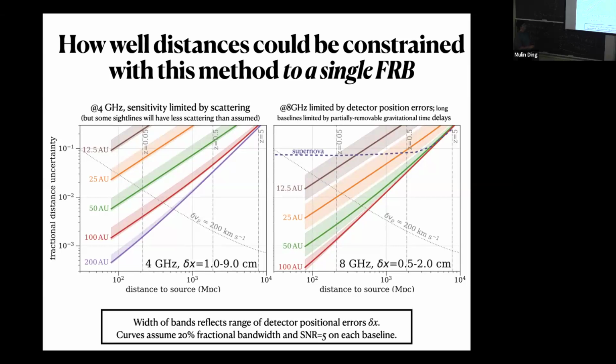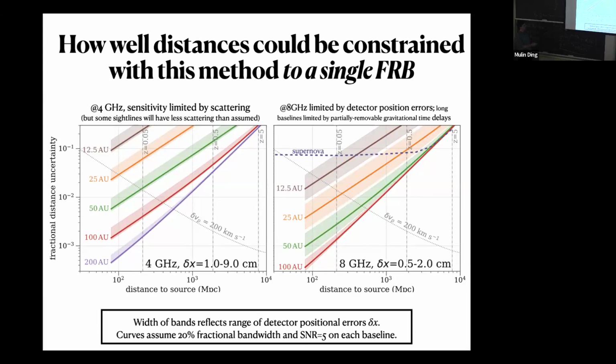At the mean redshift of these supernovae, for a single FRB, your error would be several percent. At 50 AU, things get much better. At 8 gigahertz, things get much better still, because the scattering delays are the more important source of noise, and that goes away at 8 gigahertz.